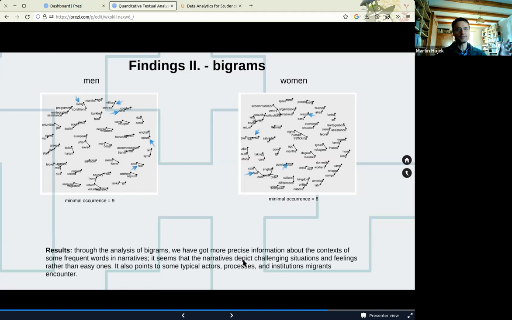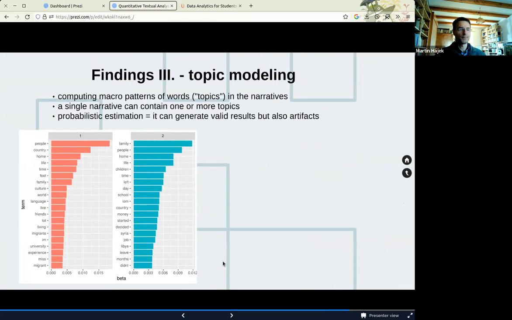It was beginning about the happy moments, but from these pictures we see that there are many problematic things expressed in the narratives. And also there are some institutions, or processes like broke civil war, that are discovered from this kind of analysis. And because of time, I have to move.